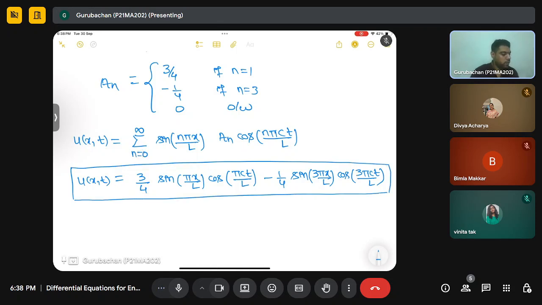is the required solution of the given initial boundary value problem. So let me just verify it. This answer is correct, that is 3 by 4.